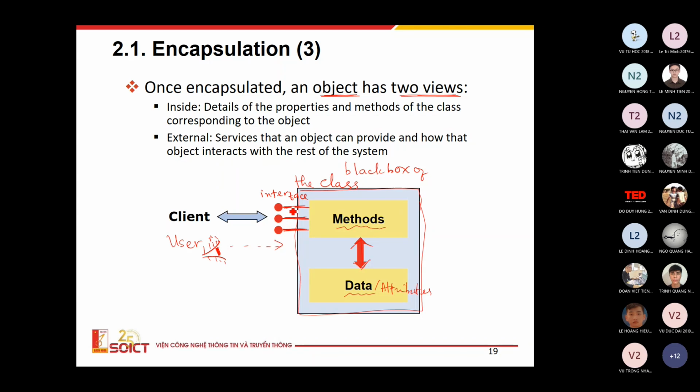If you provide them the interface with the method, the client can see the method. If you provide them the interface to see the data, they can see the data. So it depends on how this black box is designed.